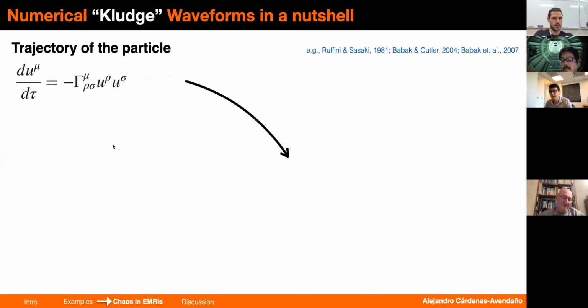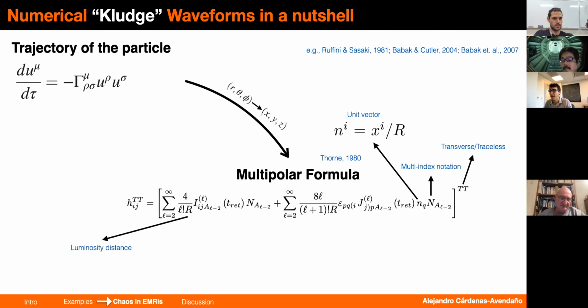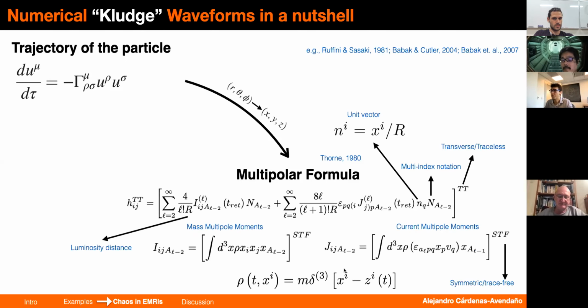You can compute the trajectory of your particle, and then in a multipole formula, this is just one approach, get your waveform. I'm showing all these equations just to show you that the only thing you need in this approach, which is not completely perfect and has a lot of approximations, but at least captures all the qualitative features that we might need to study this problem, is the trajectory of your particle.